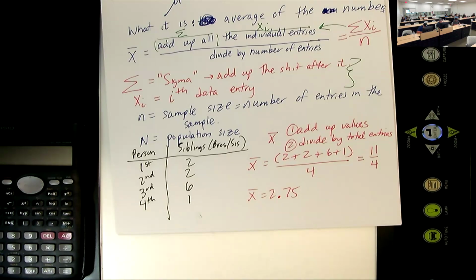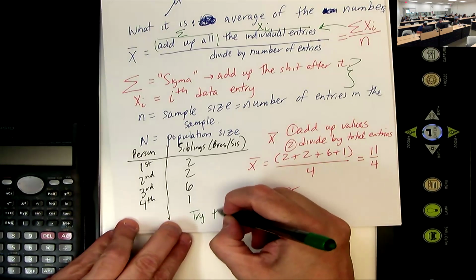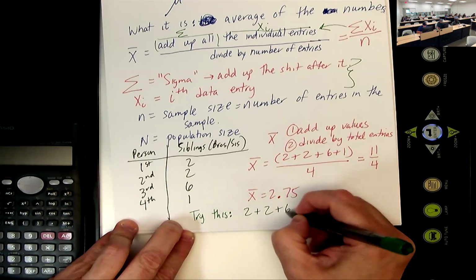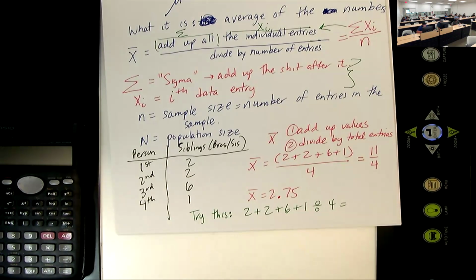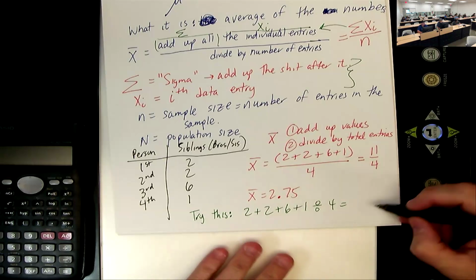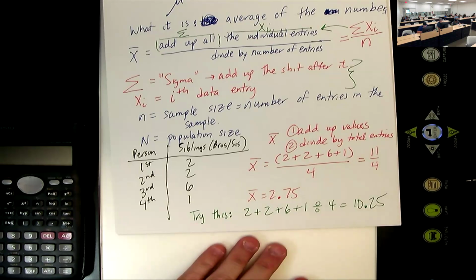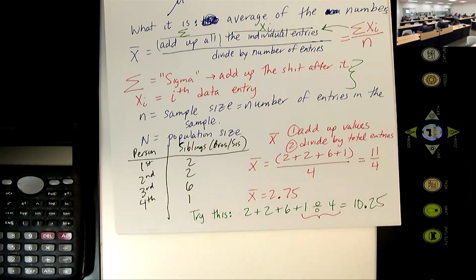If you have your calculator with you, try doing 2 plus 2 plus 6 plus 1 divided by 4, and tell me what you get. 10.25. If you do this on your calculator, it's going to say 10.25, because it's only doing division by 4 on that one.